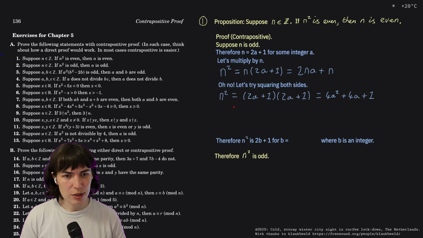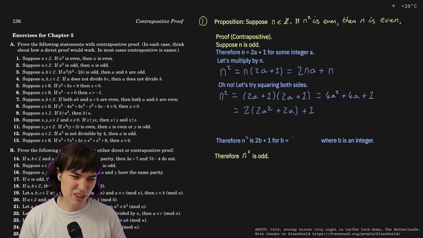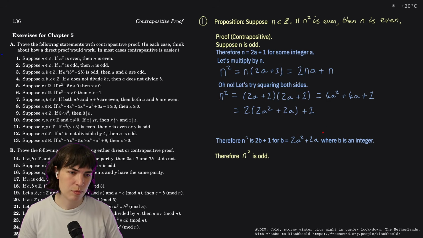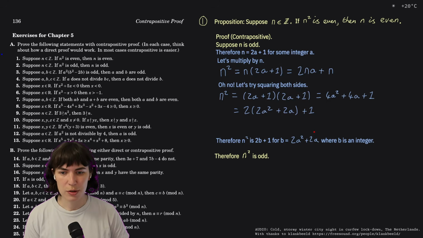And then this is also going to equal 2 extract the 2a squared plus 2a plus 1. So that would get me an answer. But I don't know if that's allowed.